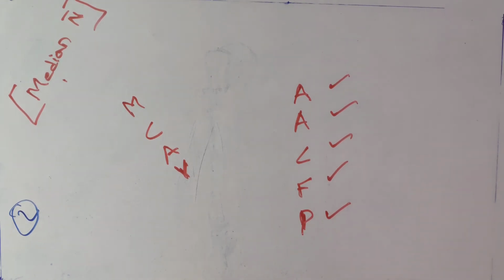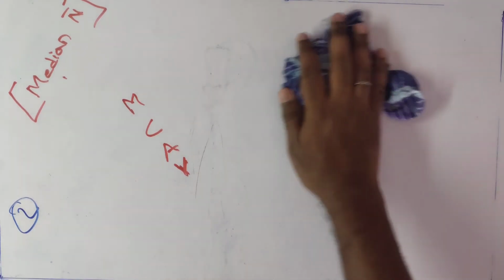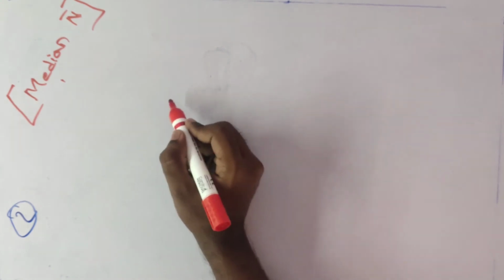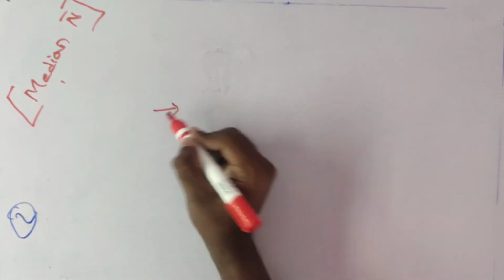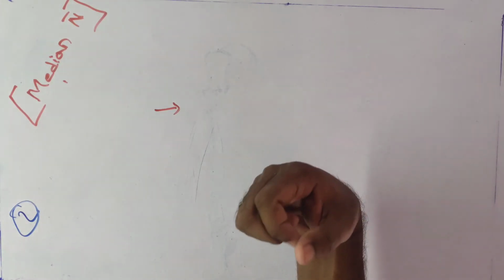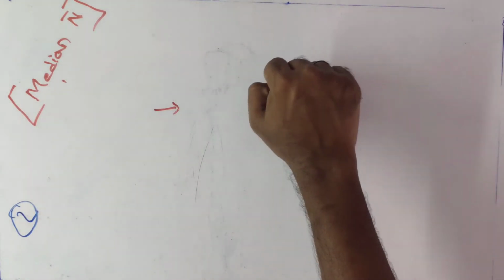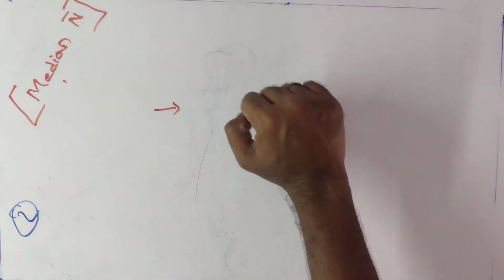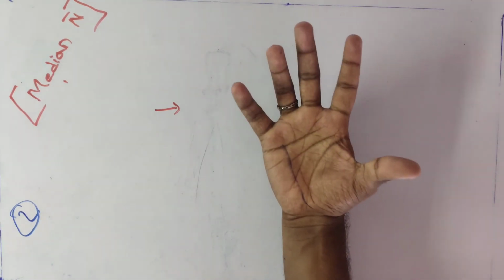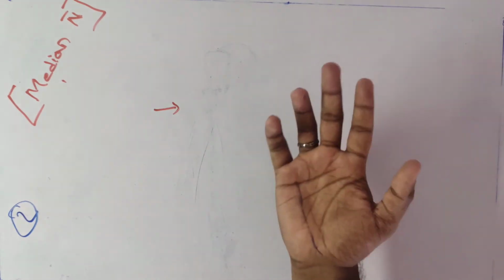Next, coming to the clinical anatomy. If the median nerve is injured, it causes weak flexion of the wrist. There may be weak flexion of the wrist, we cannot flex the wrist completely, and there is loss of pronation, we cannot pronate our forearm.